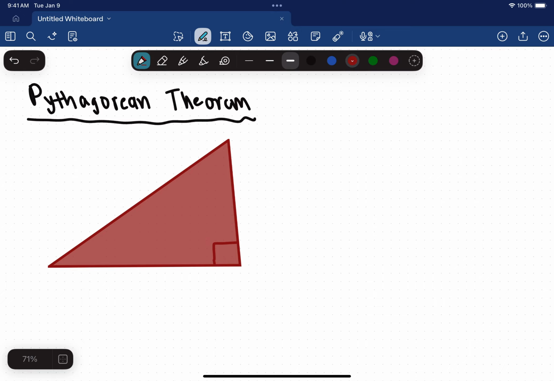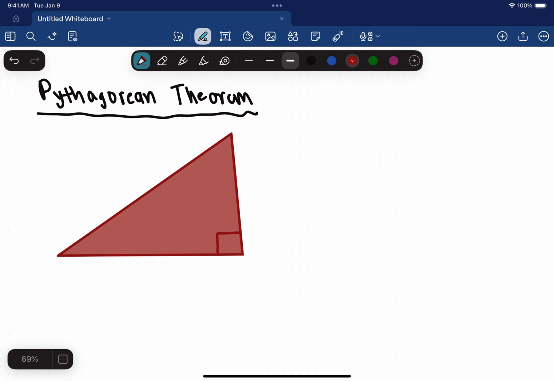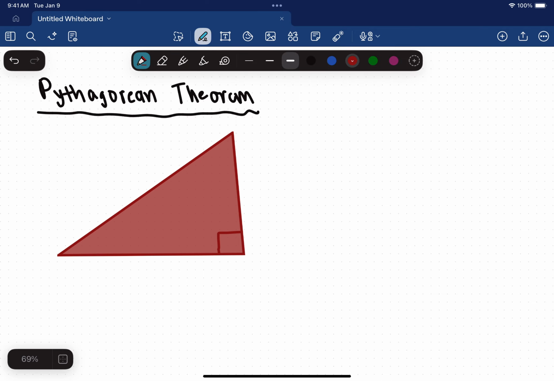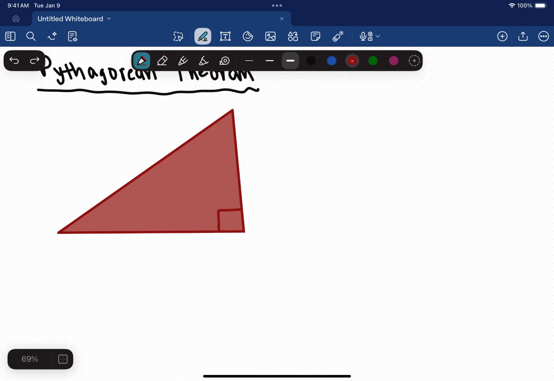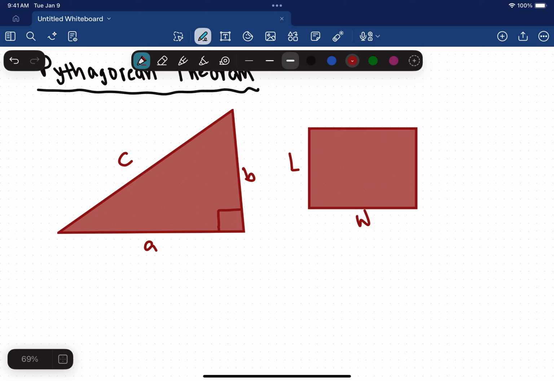Now that we got that covered, in a triangle, for Pythagorean theorem, we will be given an A, a B, and a C. Now, it's almost the same thing as a square, where the length and the width doesn't really matter where it is. It can interchange.